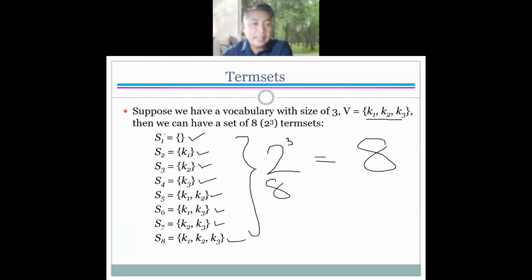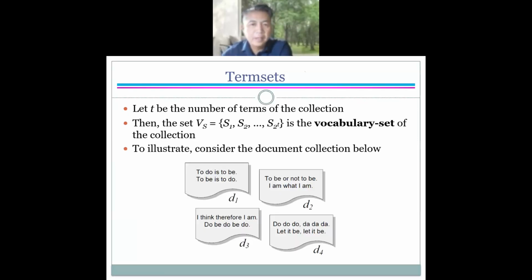Now we are considering these term sets, each of which is represented by a set of keywords. For example, let T be the number of terms of the collection, so T is the size of your vocabulary. And then we have a set VS, the set of term sets that we could have, up to this number of combinations.